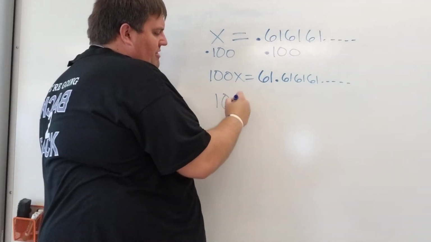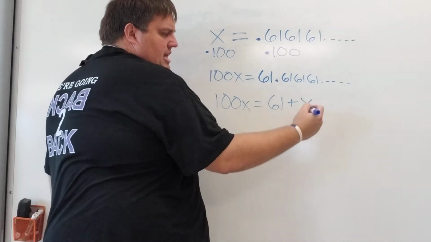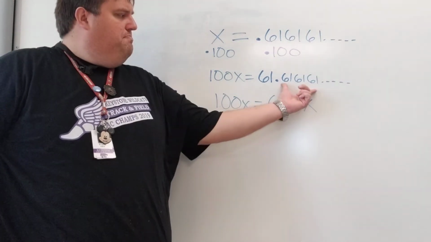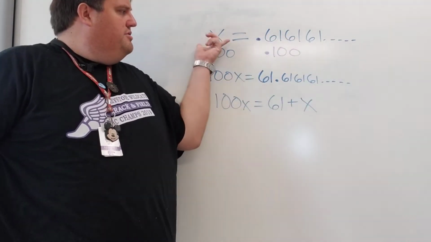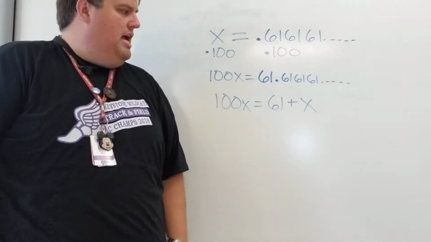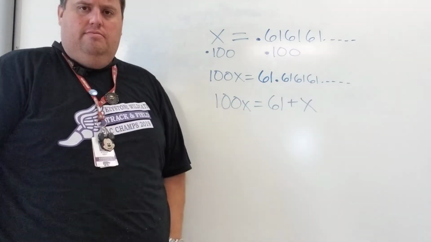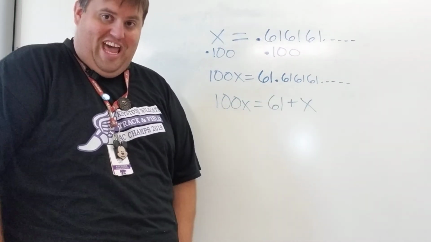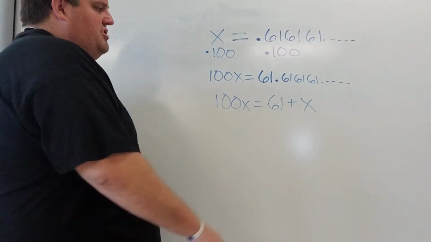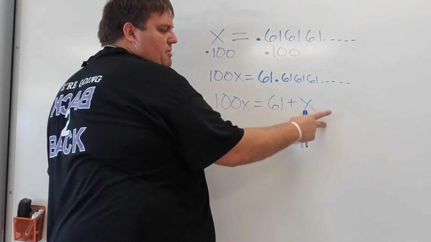So I'm going to rewrite that part as 61 plus X. This thing that goes on forever is what X is, so we're just going to put X there for that part. And it's plus because it's 61 plus the rest of the decimal. Hopefully you're okay with that. That's a little confusing. Just know that this step happens every time. We always get rid of the decimal that's left and put plus X there.